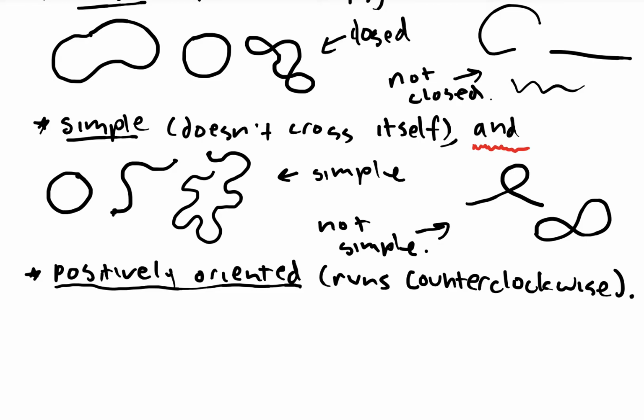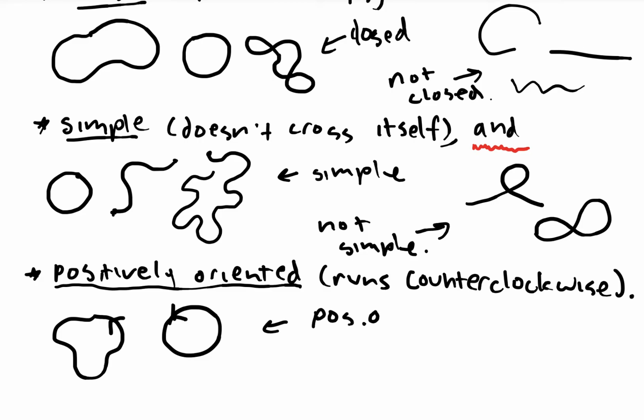Now, for me to specify counterclockwise or clockwise, I'm assuming that I'm dealing with a closed curve. So for pretty much every example that I'm drawing here, stuff like these guys are going to be positively oriented.